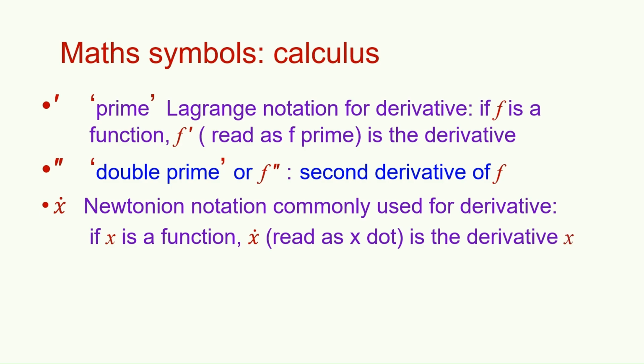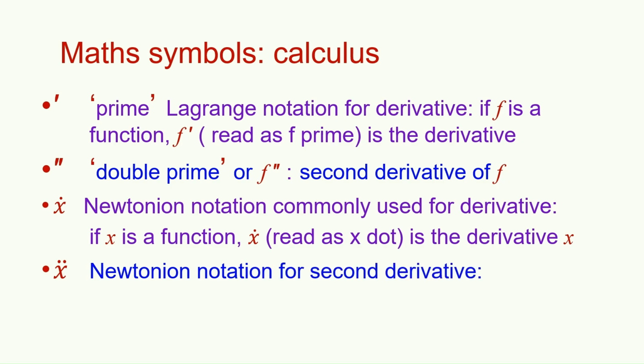Two dots over a letter or function denote Newtonian notation for the second derivative.